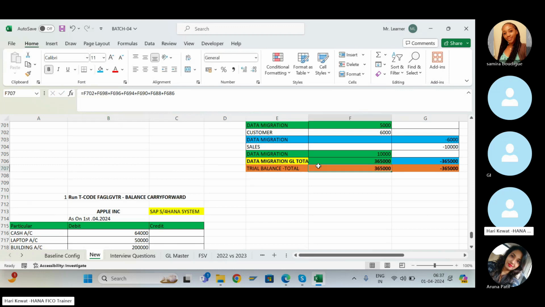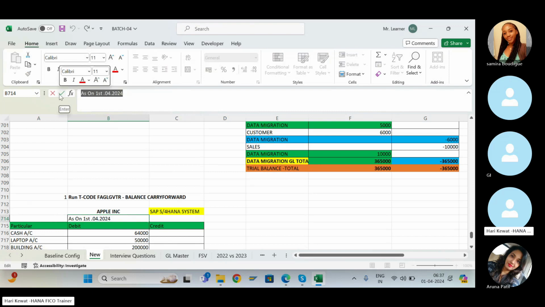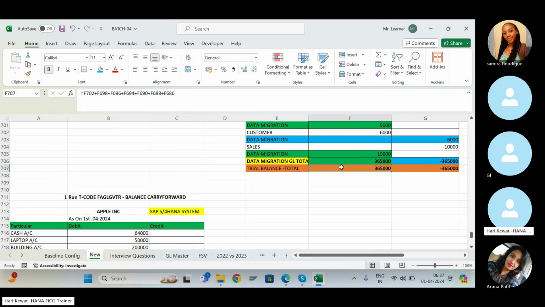Because you are going to use SAP from the 1st April 2024, whatever balance you have loaded as on 31st March 2024 in SAP has to be carried forward as an opening balance. So to carry forward as an opening balance, you have to run this T code in SAP. What will happen?